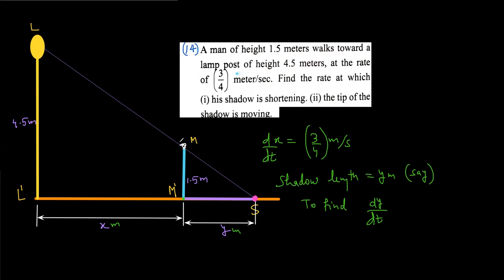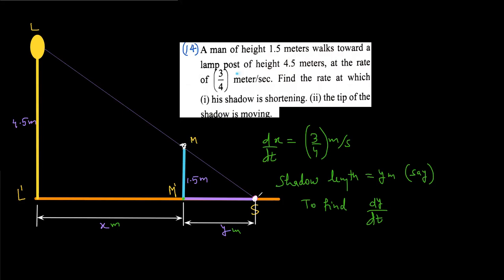So if this is the sparrow sitting here, the shadow of the sparrow will come here. If now I ask you, at what rate is the shadow of the sparrow moving?